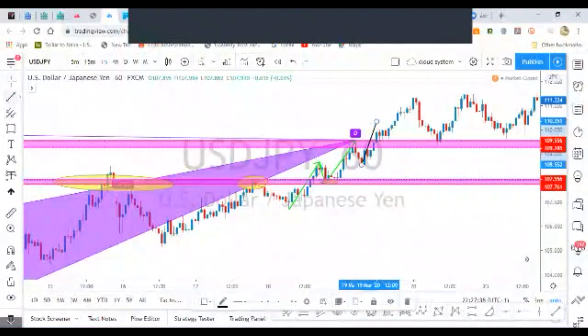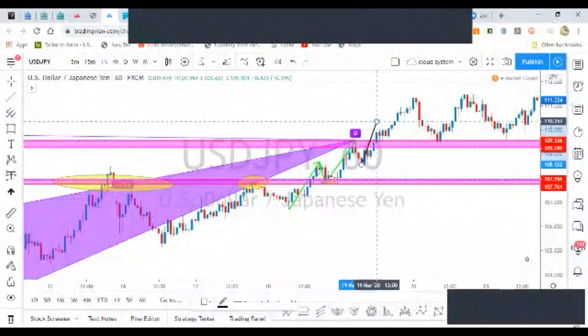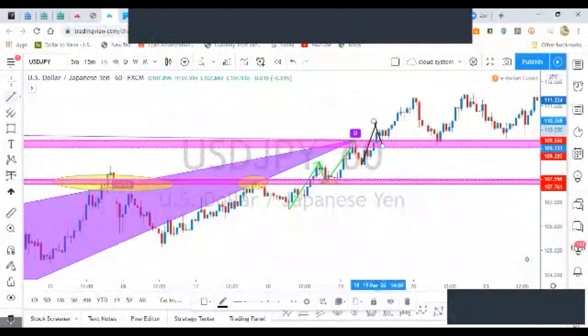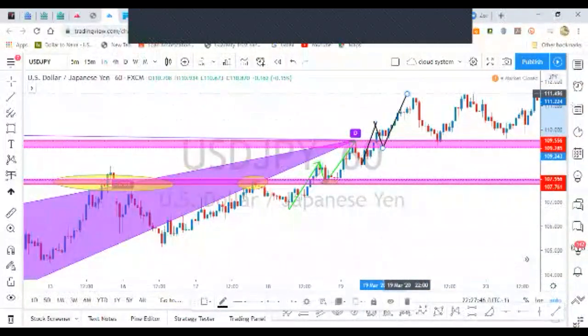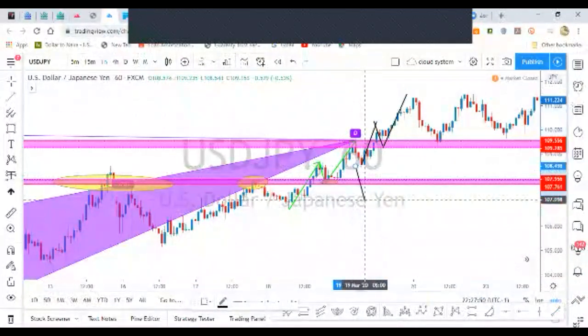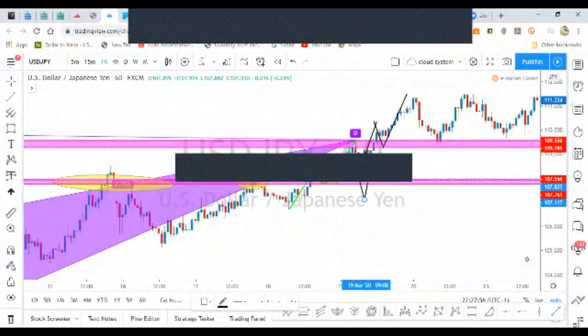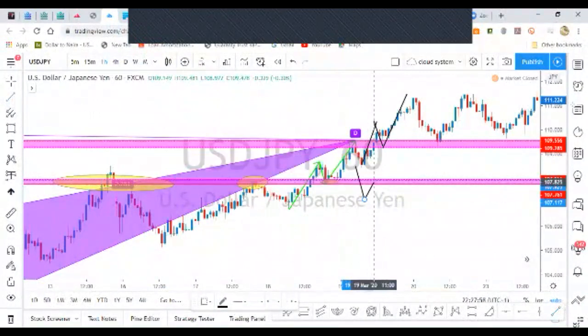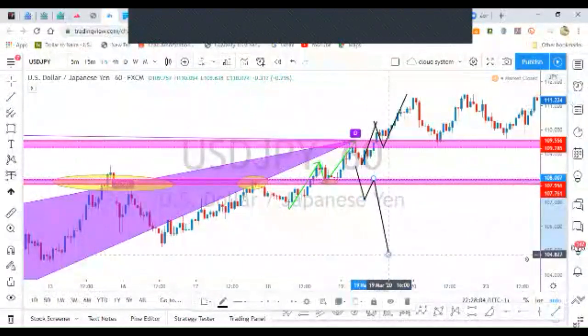You want to wait for price to move outside the zone, come back to the zone, and then give you a continuation.